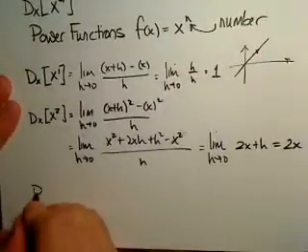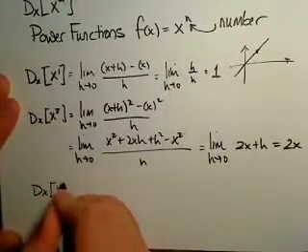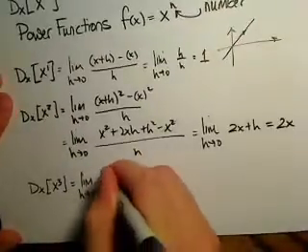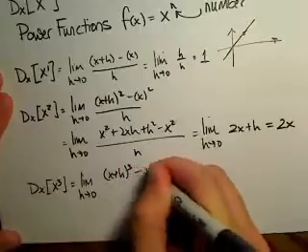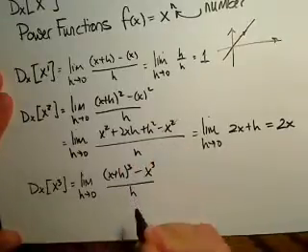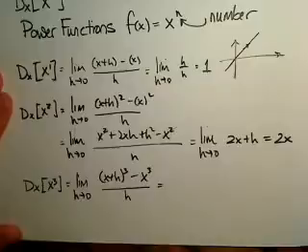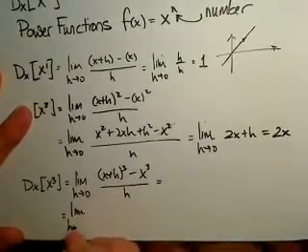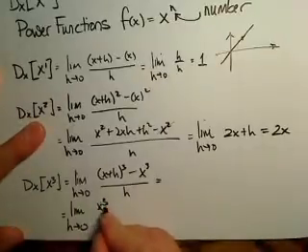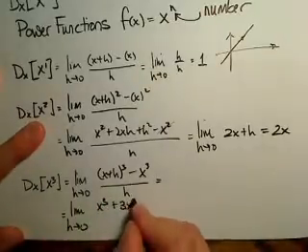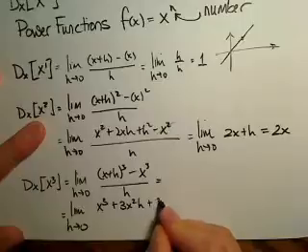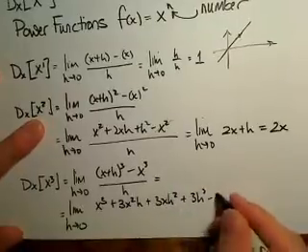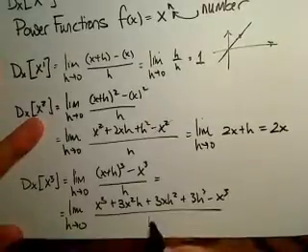Okay, let's take a look at x cubed. Now we're looking at x plus h cubed minus x cubed over h. And so when you expand that out, you end up getting x cubed plus 3x squared h plus 3x h squared plus h cubed minus the x cubed, all over h.